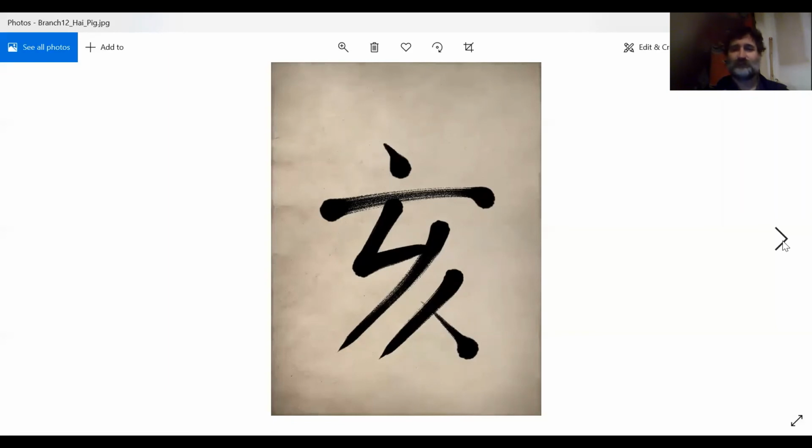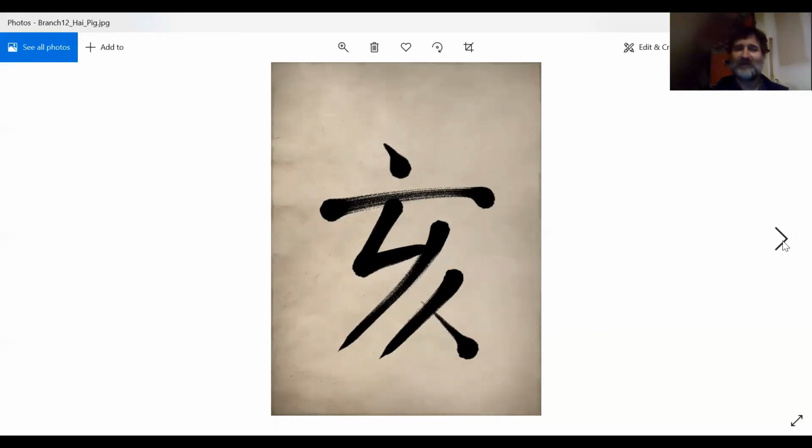So pig is completely lazy. Pig is not a working animal. Pig is just going to eat, eat, eat. And pig just assumes everything is going to work out fine. We don't need to worry. It's all good. Just give me this, give me that.